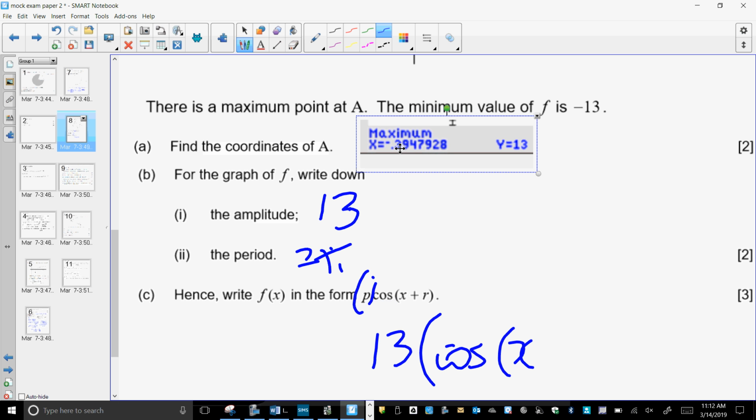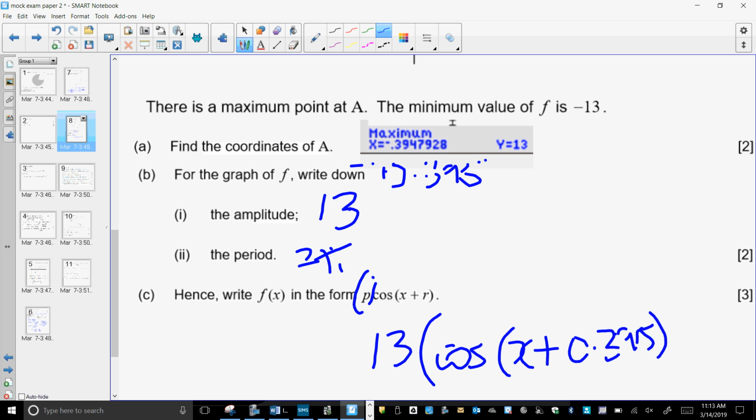So we could see that we went negative 0.395. That's the 3 sig fig. So this would be plus 0.395. Didn't need this bracket here. Done.